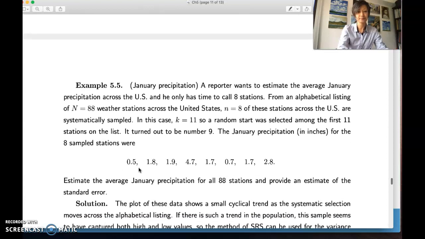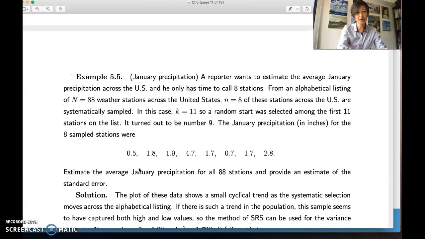Okay, so let's look at example 5.5. A reporter wants to estimate the average January precipitation across the US, and he only has time to call 8 stations. From an alphabetical listing of the 88 weather stations across the US, he obtained 8 data points.